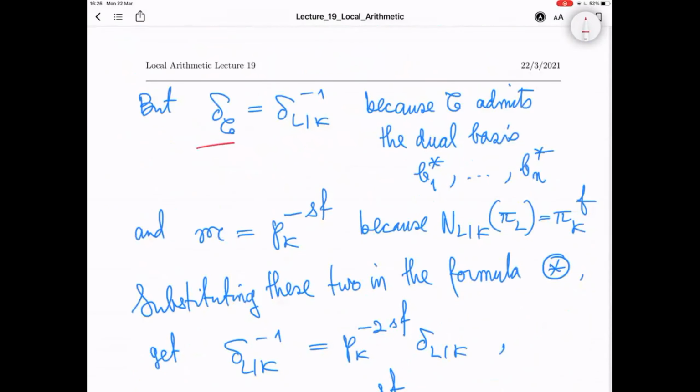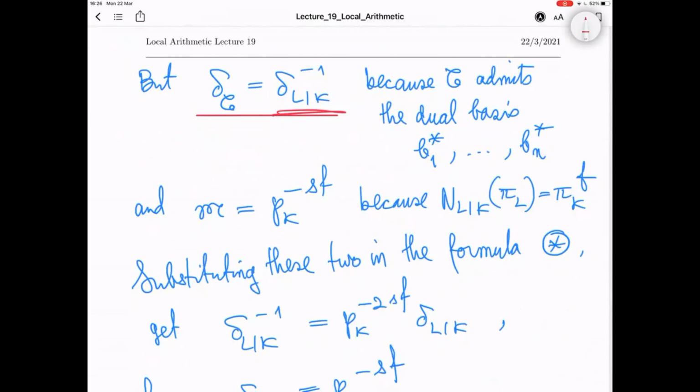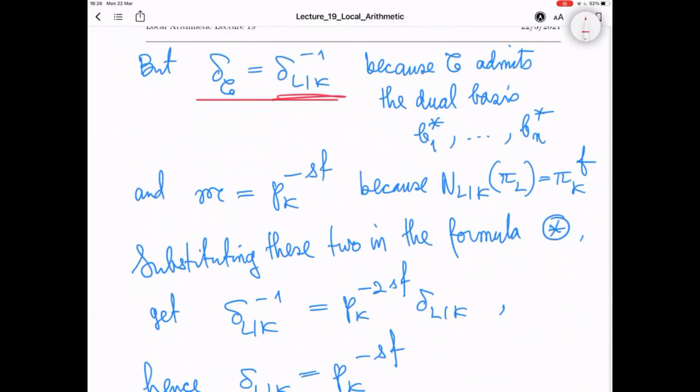But the discriminant of the complementary lattice is the inverse of the discriminant of L over K, because this has the dual basis, right? So the discriminant of a basis and of the dual basis, when multiplied, give you 1.